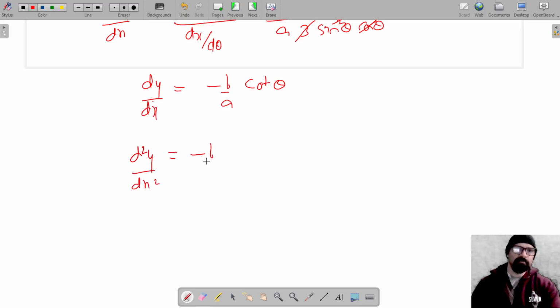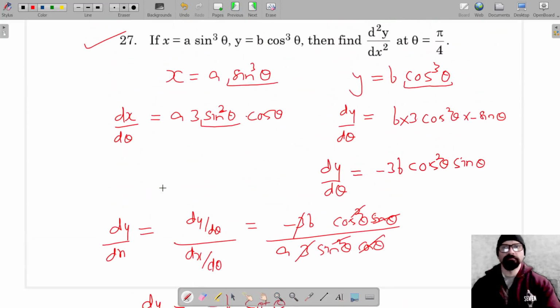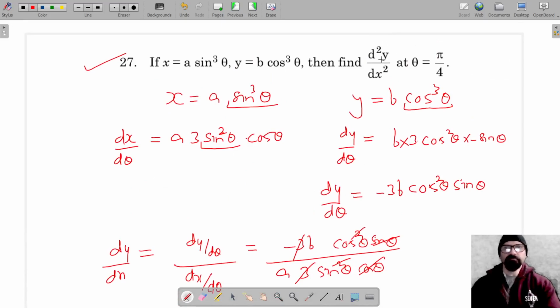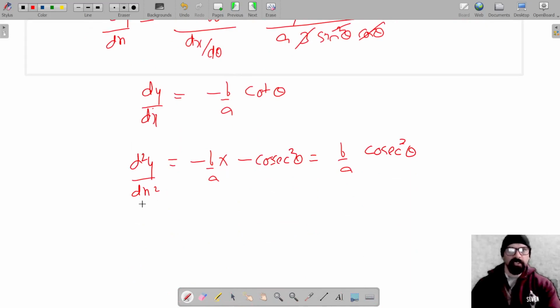Second order differentiation: minus b by a is constant, and differentiation of cot is negative cosecant square theta. So this is equal to b by a cosecant square theta. So this is the second order differentiation. We are differentiating this with respect to x, but this is in terms of theta.